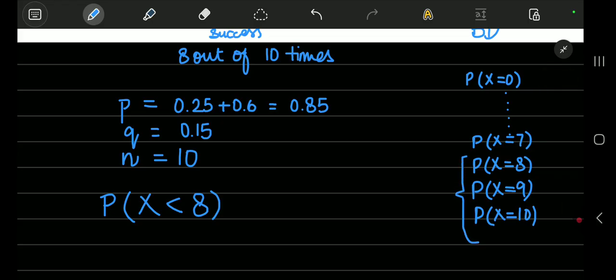It is better to find the probabilities for 3 of them rather than for 7.